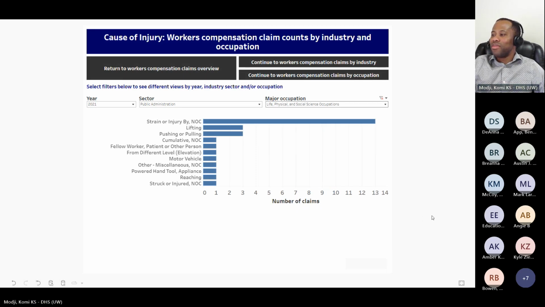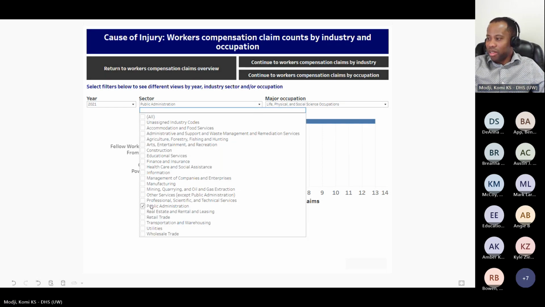So these, according to the workers' compensation data, are the different causes of injury that happen during the year 2021 to sanitarian, generally, the big family. Strain, lifting, pushing, pulling, motor vehicle, I've seen car accident in the chat. But sometimes sanitarian can say, well, I work in healthcare.